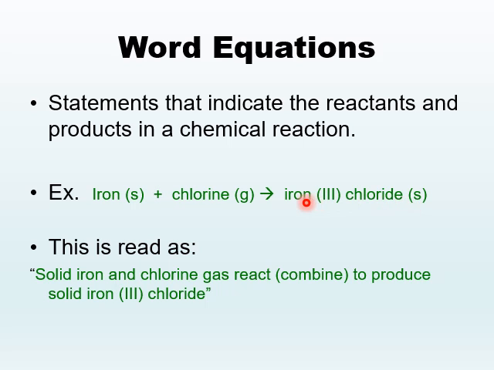This is a word form of a chemical reaction. Iron reacts with chlorine gas to yield iron chloride solid. This is read as solid iron and chlorine gas react, combine to produce solid iron chloride.